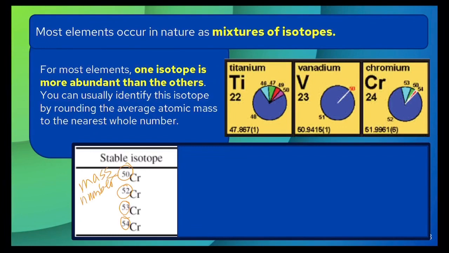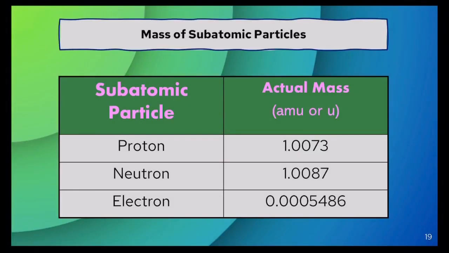So before we begin talking about that, let's remind ourselves of the masses of individual protons, neutrons, and electrons. So these are the subatomic particles that make up the atoms. And remember, we can round the proton and neutron atomic mass to 1 AMU, just round it.